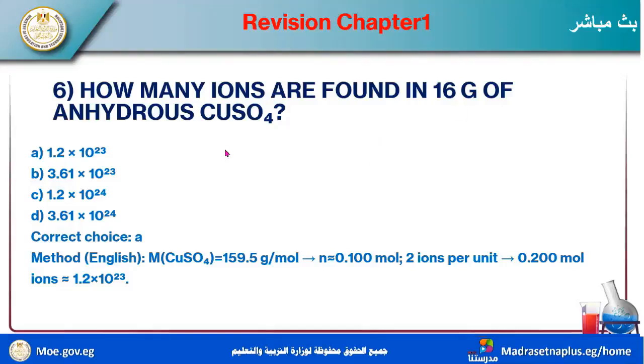So 0.1 moles of CuSO4 equals X. X equals 0.1 times 2, 0.2 moles. You must multiply 0.2 by 6.02 times 10 power 23, which equals 1.2 times 10 power 23.